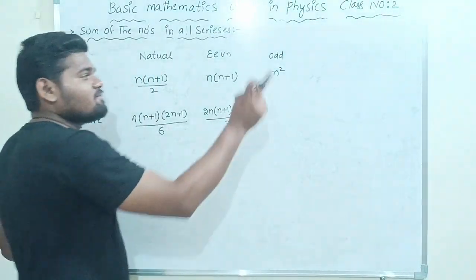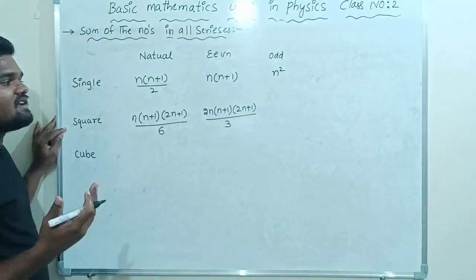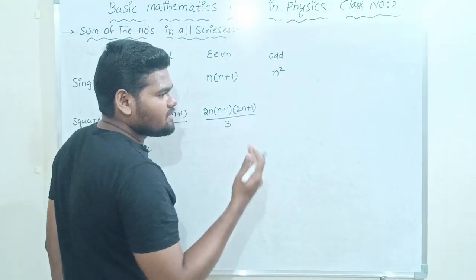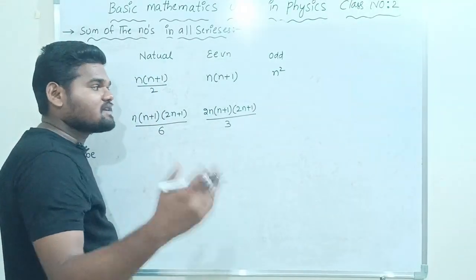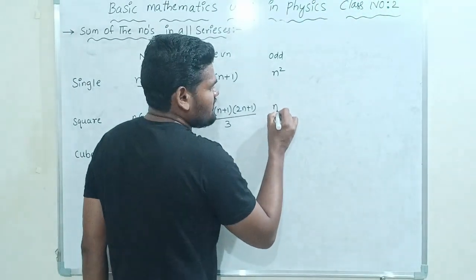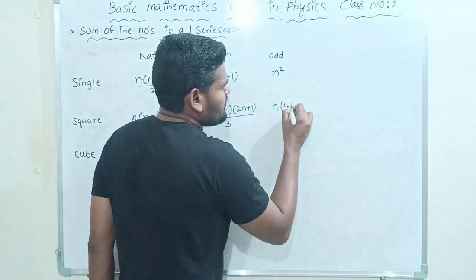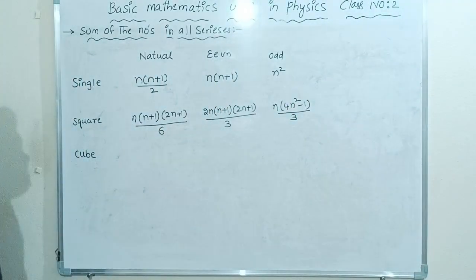If the numbers are odd and having the power square, that means 1 square plus 3 square plus 5 square plus 7 square and so on, then the sum is given by n into 4n square minus 1 divided by 3.